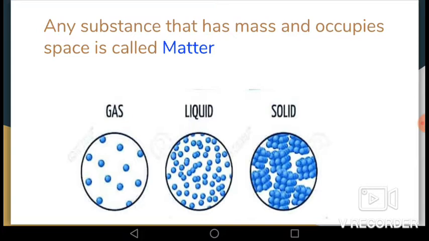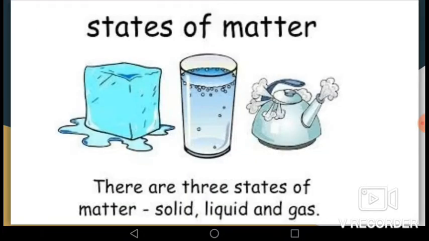Some substances can flow and take the shape of their container, like water, while there are forms of matter that do not have a fixed shape or size, such as air. Thus, matter can be classified into three different categories based on physical properties.